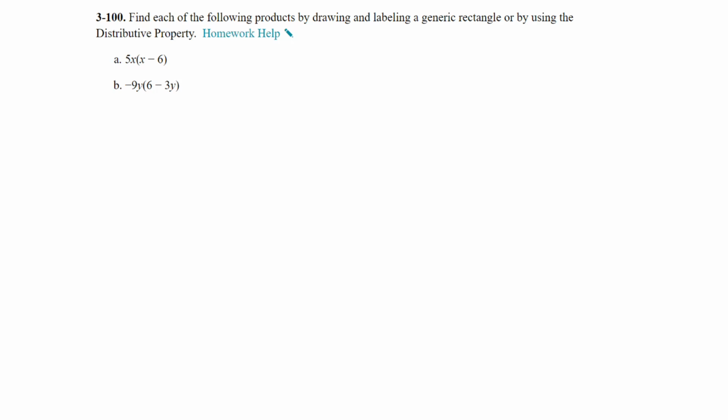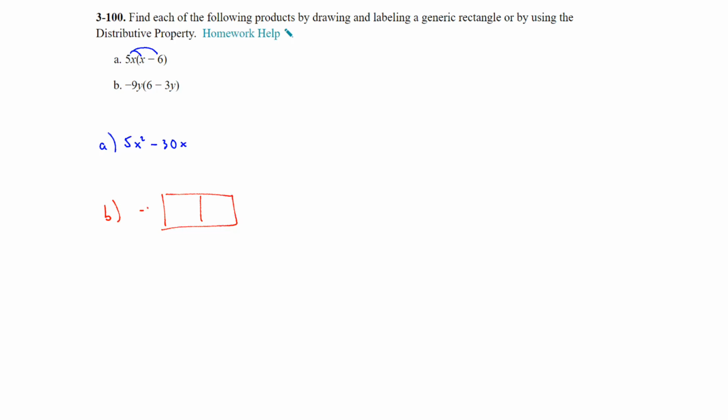Question 100. Find each of the following products by drawing and labeling a generic rectangle, or by using the distributive property. So on A, I'm going to use the distributive property. 5x times x is 5x squared, and 5x times 6 is 30x. Those are not like terms, so we can't combine them. On part B, I'll show you the generic rectangle.